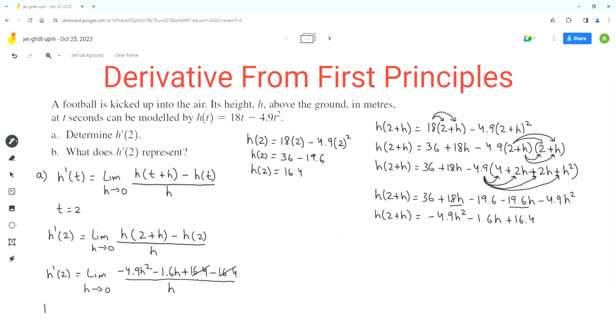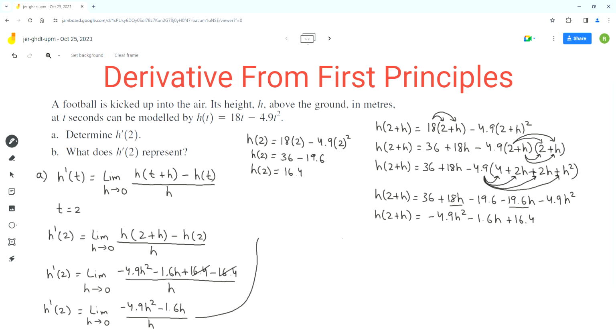So we get h'(2) equals the limit as h approaches 0 of negative 4.9h squared minus 1.6h over h.